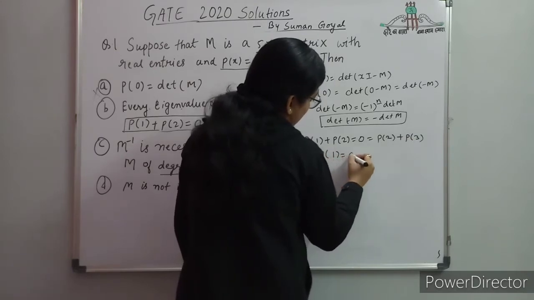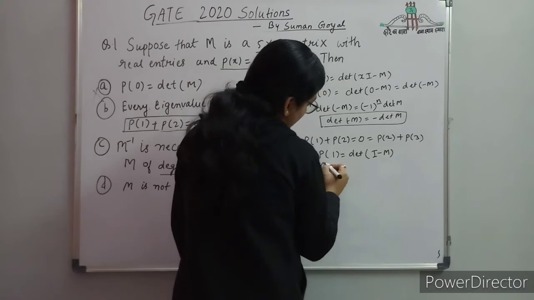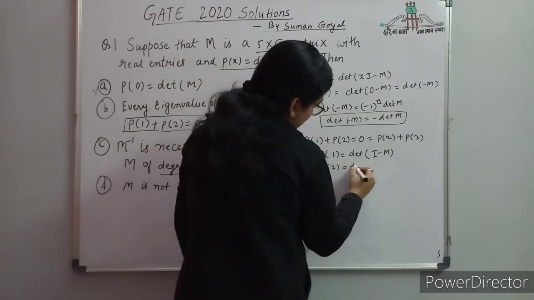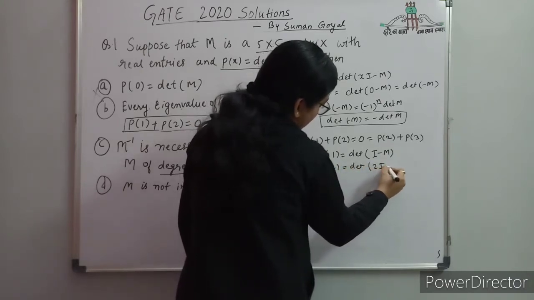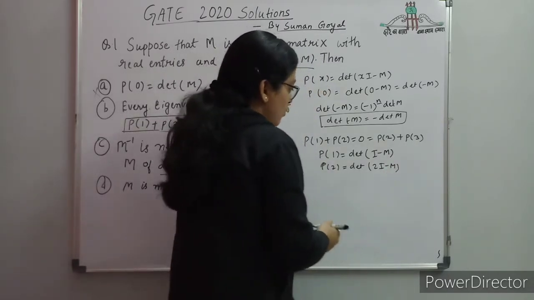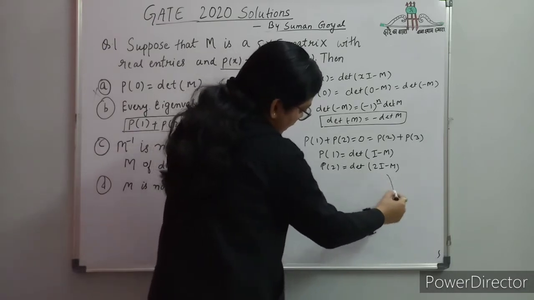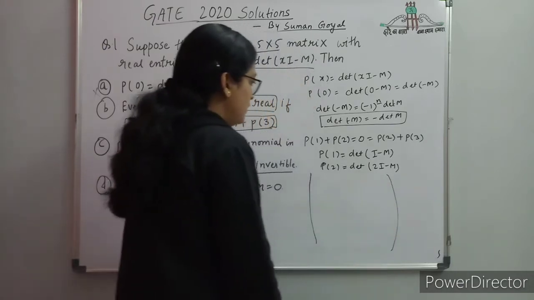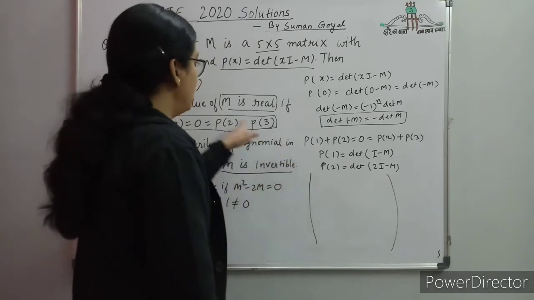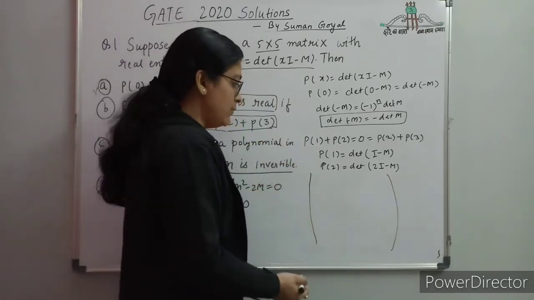P(1) is determinant of I minus M, P(2) is determinant of 2I minus M, and P(3) is determinant of 3I minus M. So can you think of a matrix of order 5×5 such that this condition holds and the eigenvalue of M is not real, meaning the eigenvalue of M is imaginary?